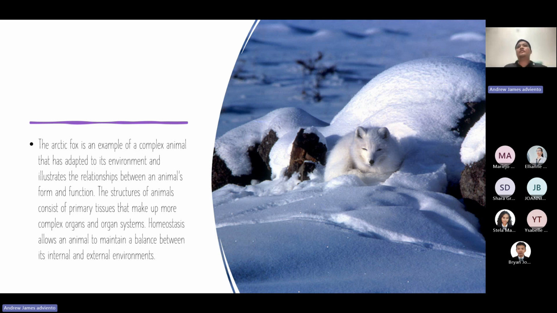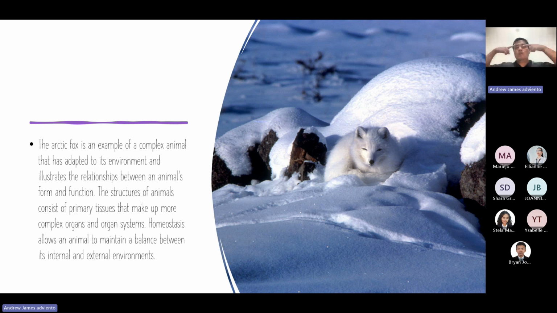And that's actually the same in other animals like the camel in the desert. If you are going to study the structure of the camel in the desert, it has a slit nose, so that it can protect its nose hole from sand during a sand storm.